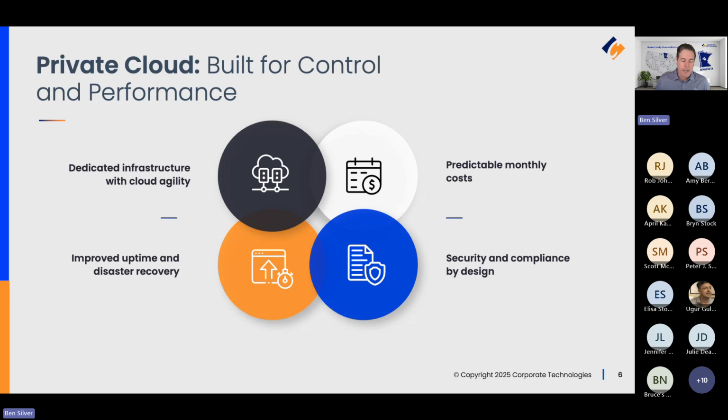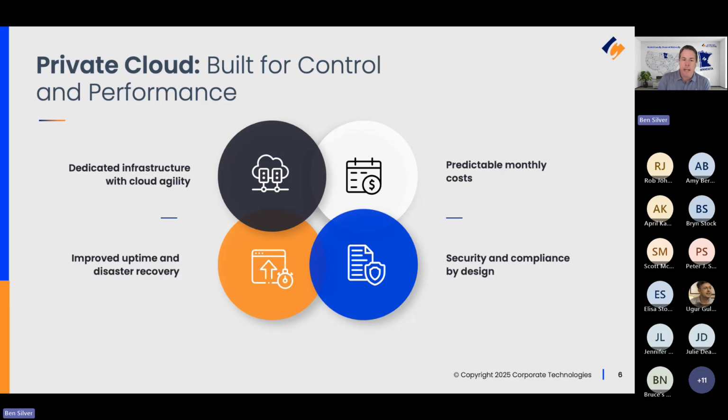We have a data center in Ohio and we have another one in Florida that also has replication between our data centers. So should one data center have an issue, or let's just say we have a natural disaster in Florida, we're able to replicate and have everything back up and running in a geographically diverse environment to make sure that you maintain that uptime and do not lose your production.